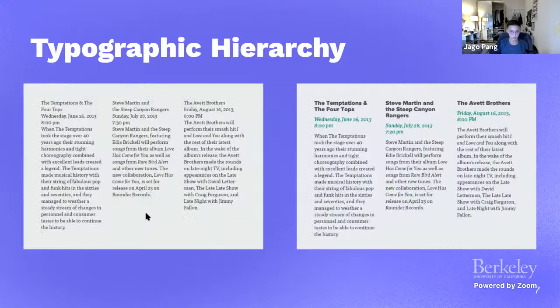So some examples. This is pretty prevalent in typography, or establishing hierarchy using type. For example, on the left there's no hierarchy, so everything's the same font, the same size, the same text, the same color.